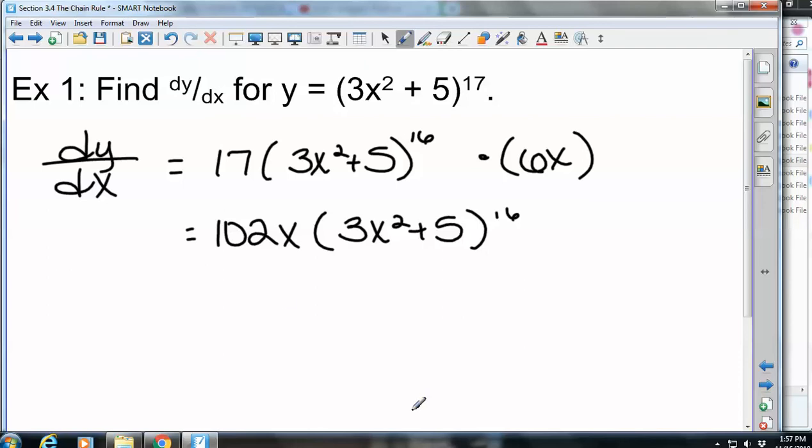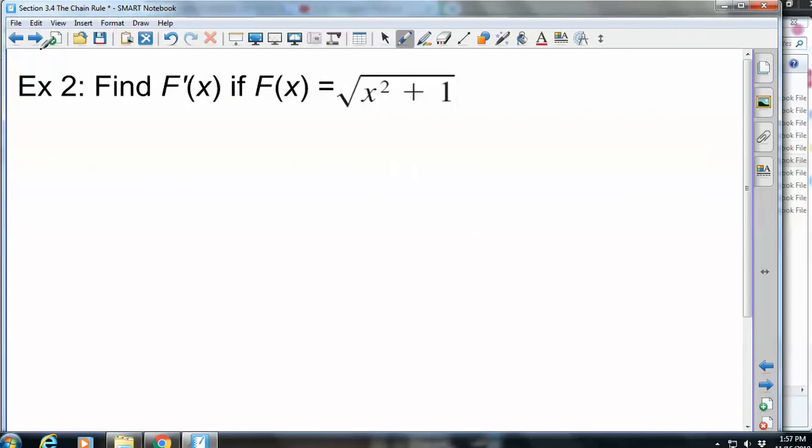Alright, let's just keep trying these. I need to rewrite this problem. Okay, so my derivative, what happens?